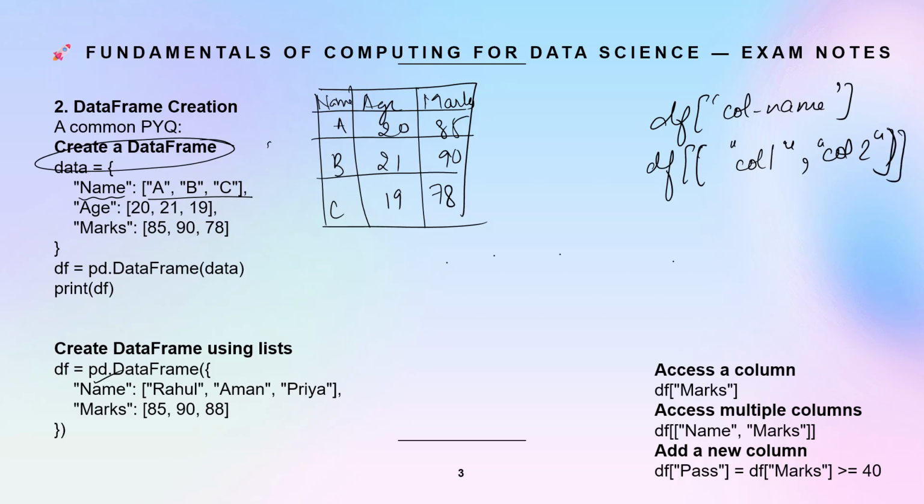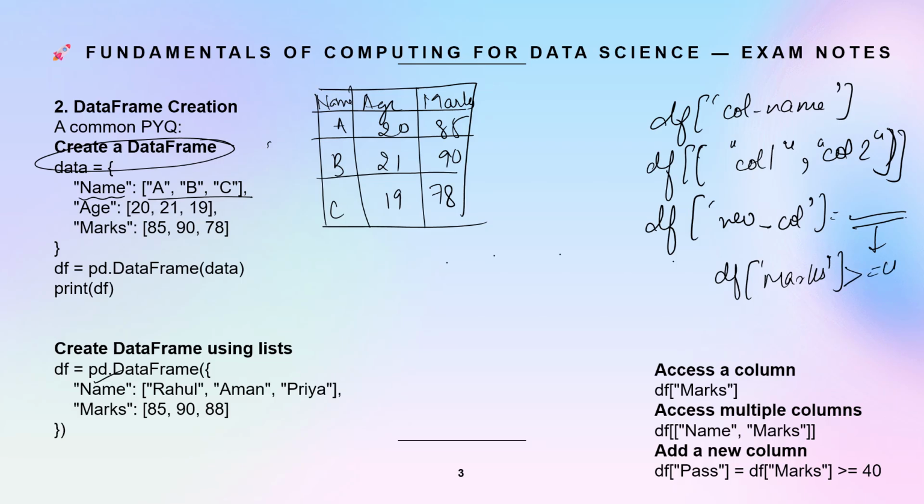And to add another column, you just write new_column is equal to the operation you want to perform. Let's say you want 40% of your marks. So df of marks, or those who have marks greater than or equal to 40%. So greater than or equal to 40.